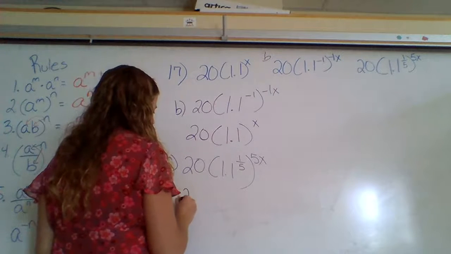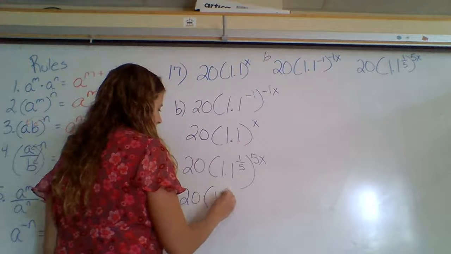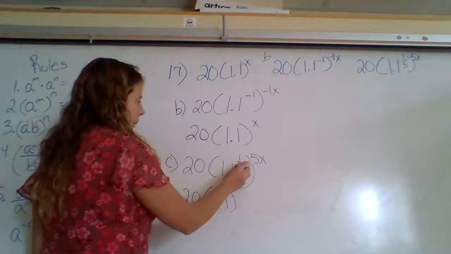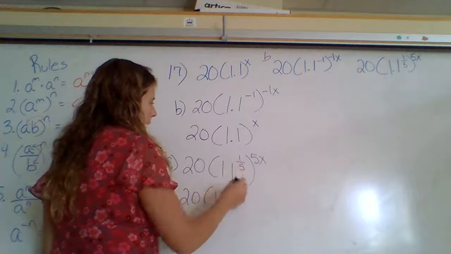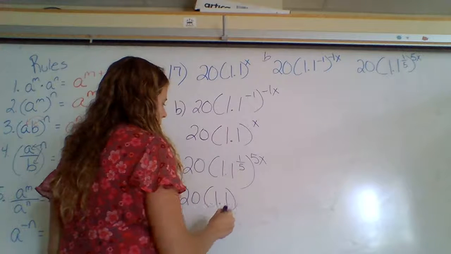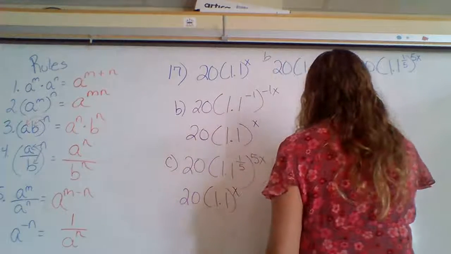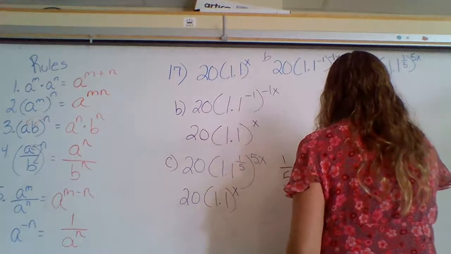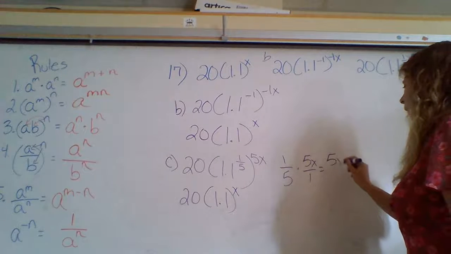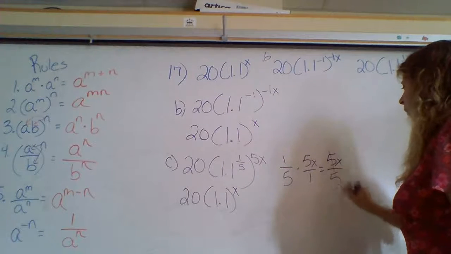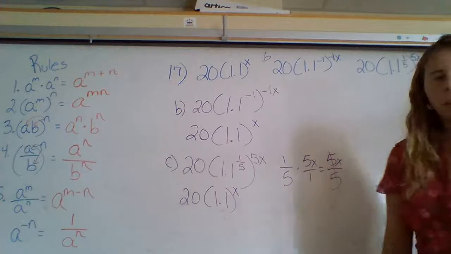So it's going to be 20, 1.1. You're raising a power to another power, so you're going to multiply them together. So 5x times 1/5 is just x. If you don't believe me, multiply across, 5x over 5, which is x. All right, so those are all equal to each other.